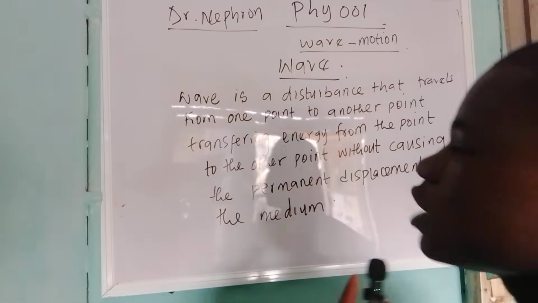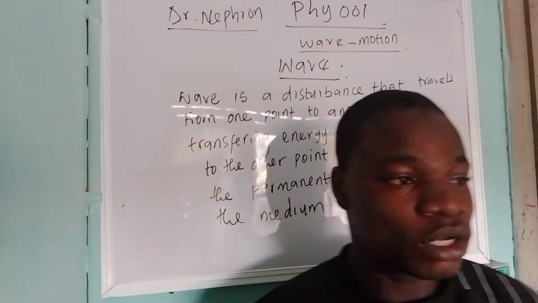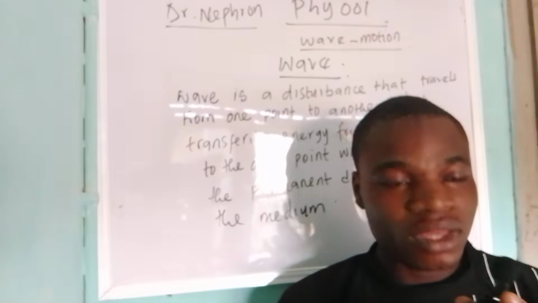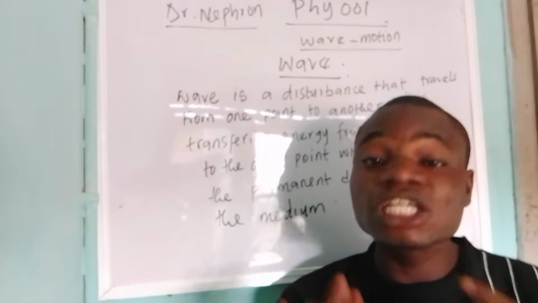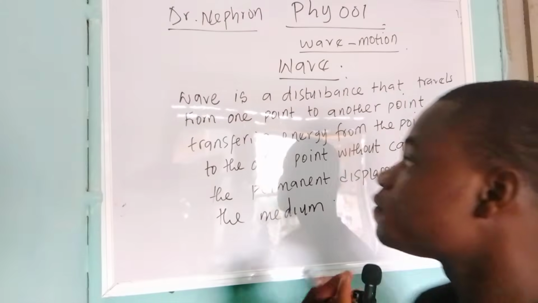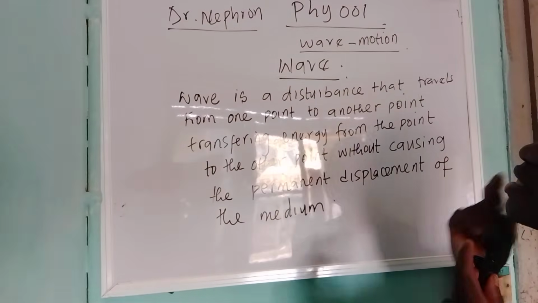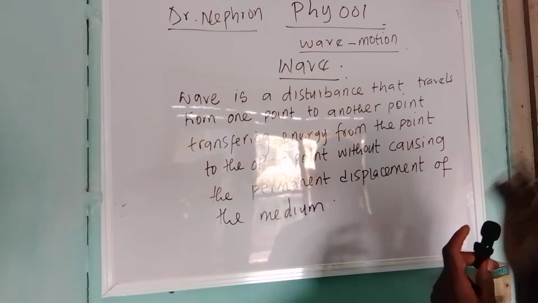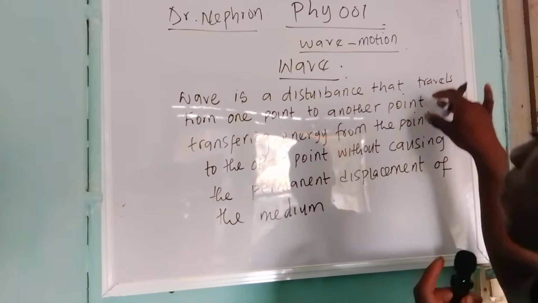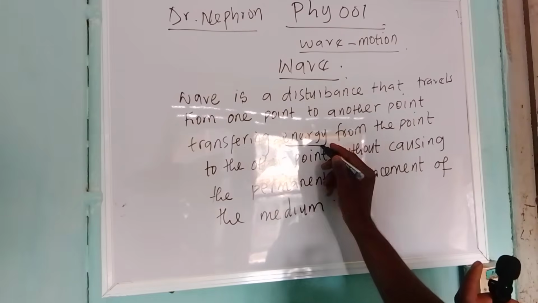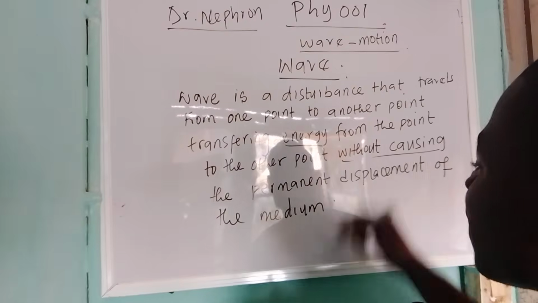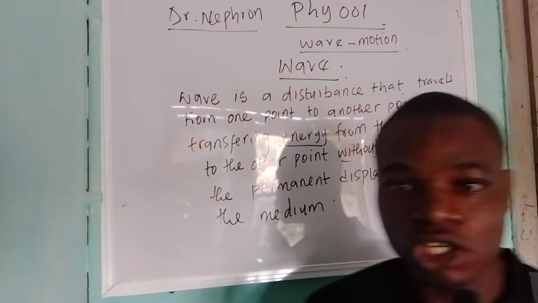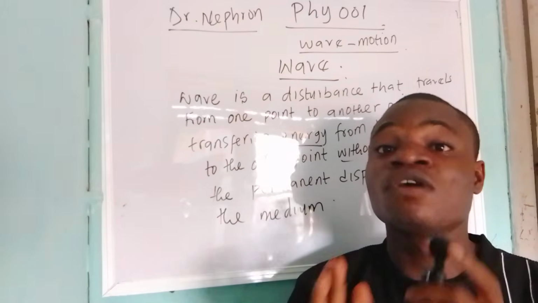Now, when you are writing a particular definition, there are some key points that you have to include in your definition. So that's the definition of the wave.